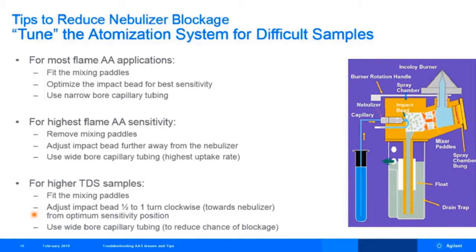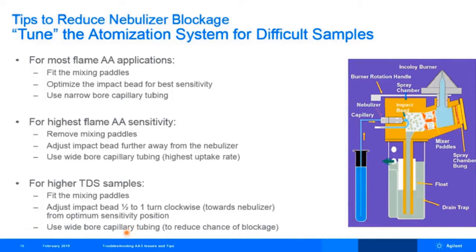So from the optimum sensitivity position, adjust the bead about half to one turn clockwise towards the nebulizer from the optimum sensitivity position. That means you're going to trade off sensitivity a little, perhaps maybe see about a 10% reduction. But that does also mean you'll get less chance of blockage in the sample introduction system. And that means you'll get much better long-term performance and stability.